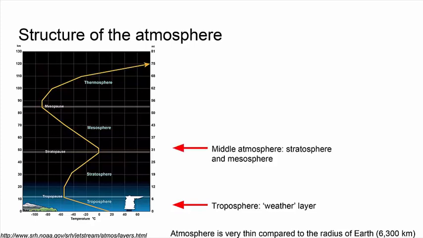The second layer, which contains both the stratosphere and the mesosphere, is the middle atmosphere. In the stratosphere, what's interesting to note is that the temperature turns around and starts increasing with height. This has to do with the ozone layer that you've all probably heard of, which peaks around 30 kilometers in the stratosphere, and ozone absorbs solar UV radiation, which causes this layer to warm up.